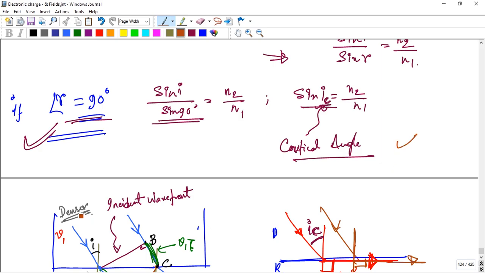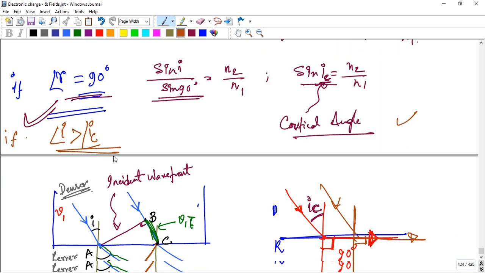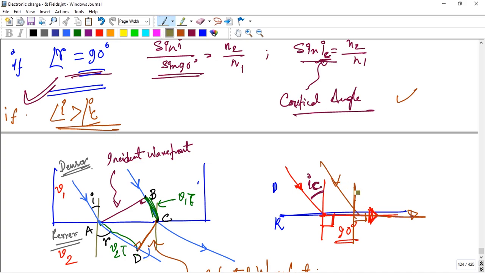Another condition is when the incident angle i is greater than the critical angle. If the incident angle is greater than the critical angle, then under the same condition, the refracted ray goes back to the denser medium.